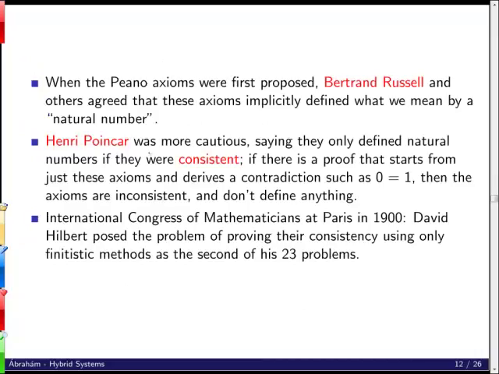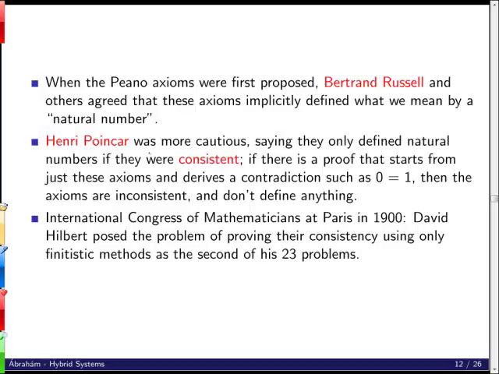Even if you have an infinite axiomatization, it does not mean that your logic is undecidable. After Peano fixed his axiom, Russell and others agreed that these axioms indeed define that what was meant by the natural numbers with addition and multiplication. So the general opinion was this axiomatization of Peano arithmetic is correct.